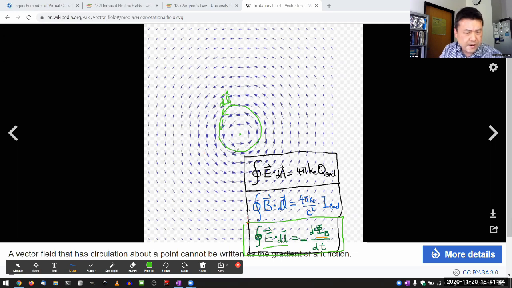And for it to be like this, there has to be something that looks like a vortex. And when you have that, you get a vector field that looks like an induced electric field and also looks like a magnetic field that's produced by current. And when you see a vector field like that, there should be some kind of source here.